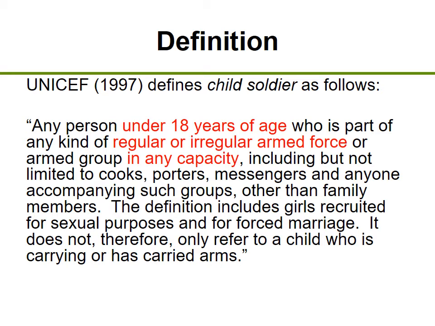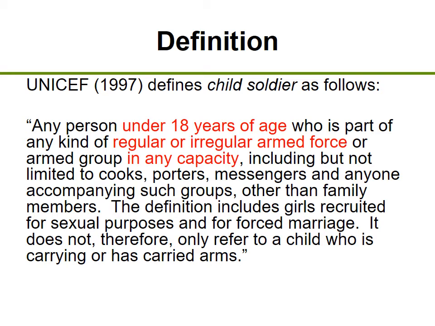So they could be part of the actual national military, or they could be part of a militia, or a lot of the folks that I talked to were just sort of handed a gun and told, stand here on the road and don't let anyone pass. So they were like a town guard. All of that counts. And they could have served in any capacity. They could have been a cook for the Army. A lot of them were porters, so it was their job to go from camp to the front lines carrying ammunition or carrying messages, things like that.